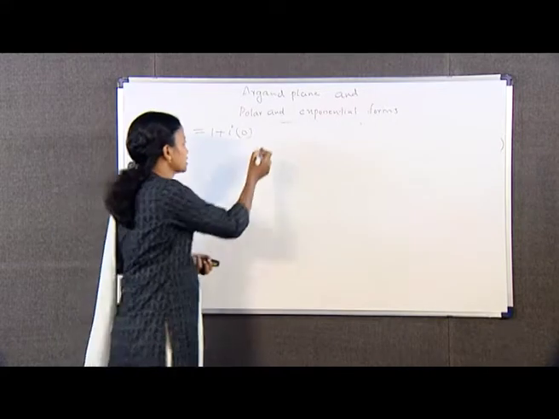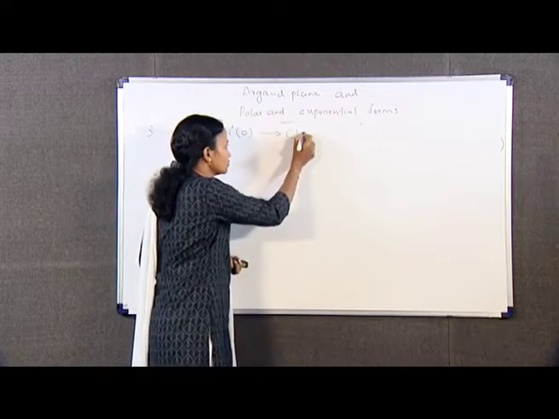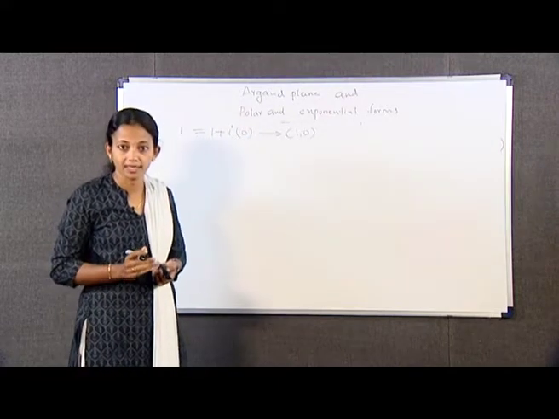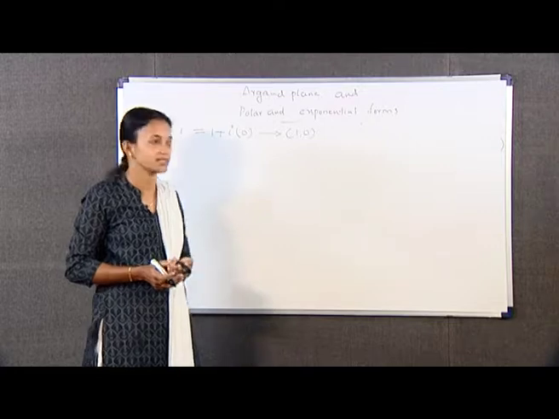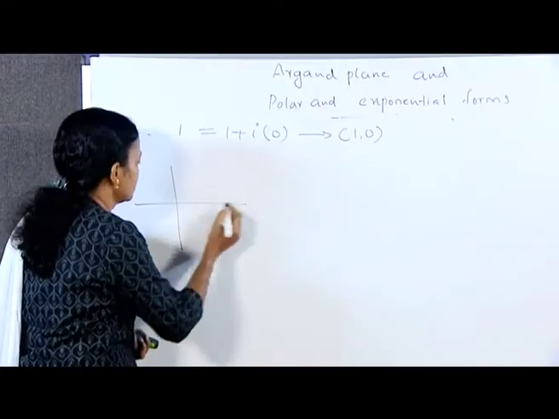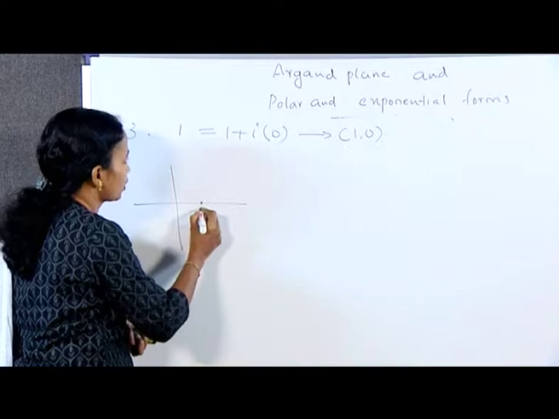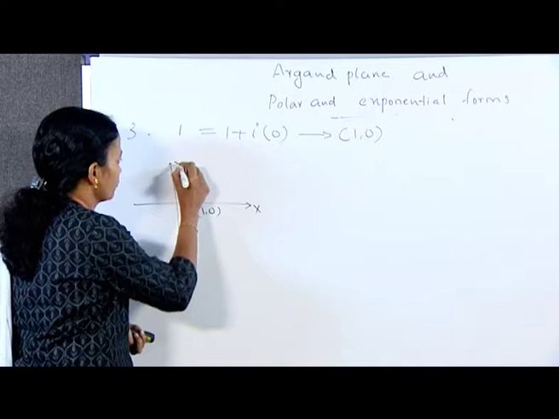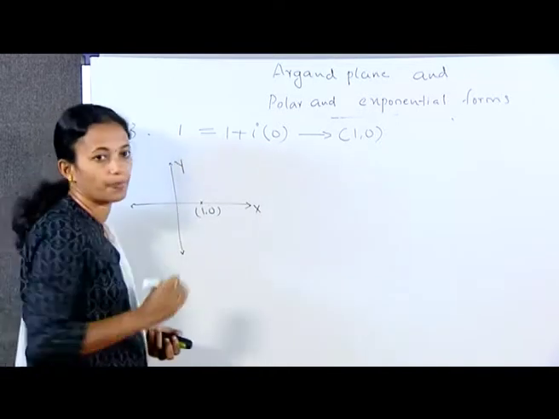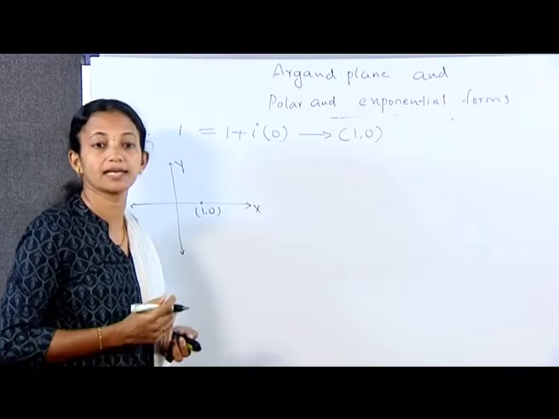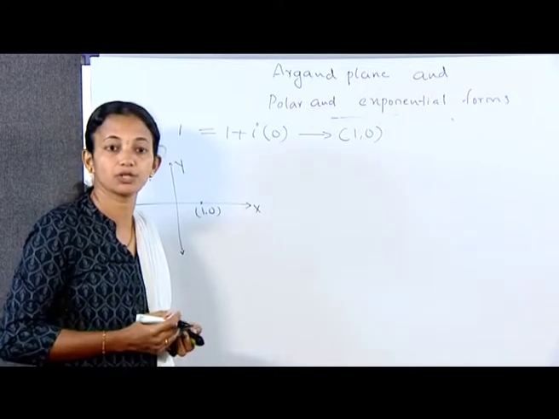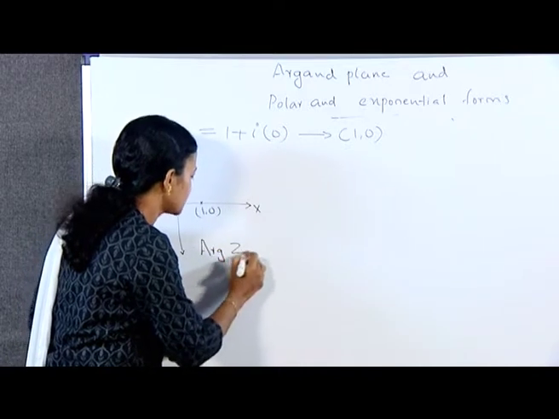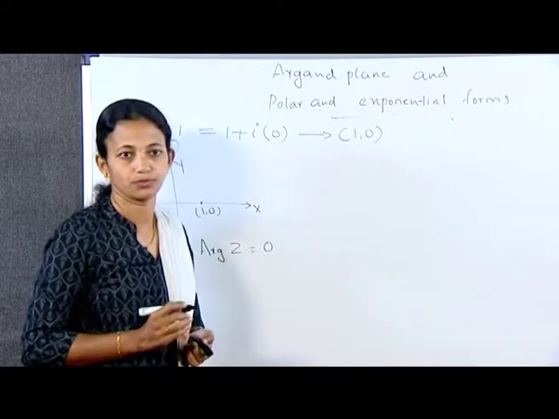This corresponds to the point (1, 0), which is a point that lies on the polar axis. Here we have (1, 0). Hence, from the figure it can be seen that the principal amplitude of 1 is argument of z is equal to 0.